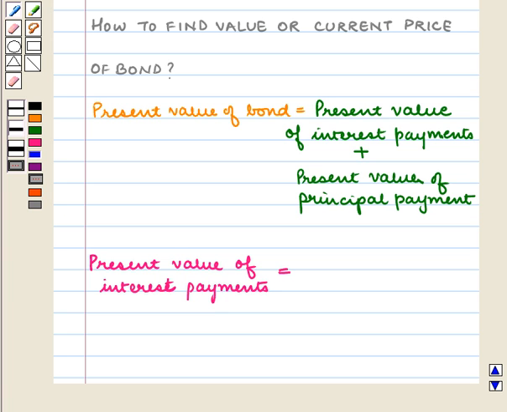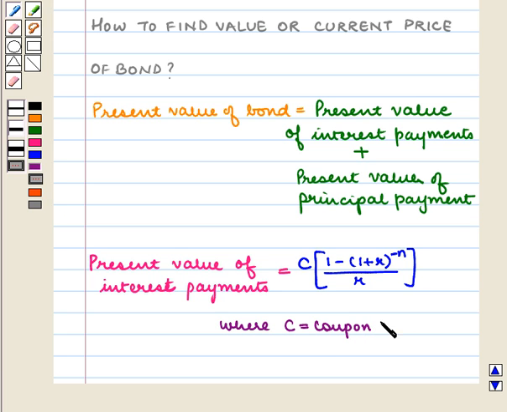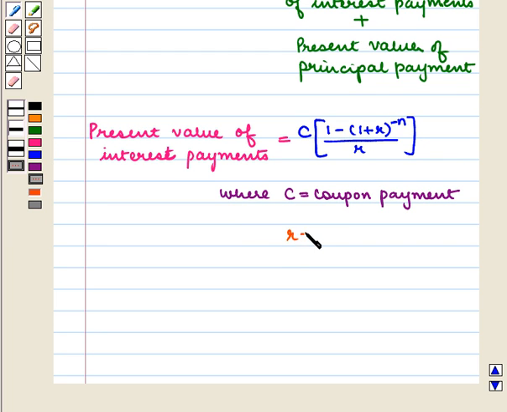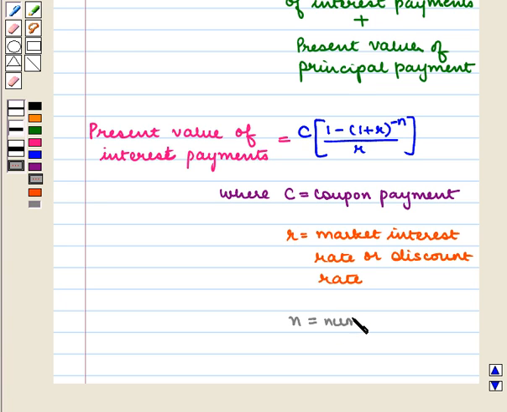Present value of interest payments is equal to C into (1 minus (1 plus R) raised to the power minus N) upon R, where C is equal to coupon payment, R is equal to market interest rate or discount rate, and N is equal to number of payments.